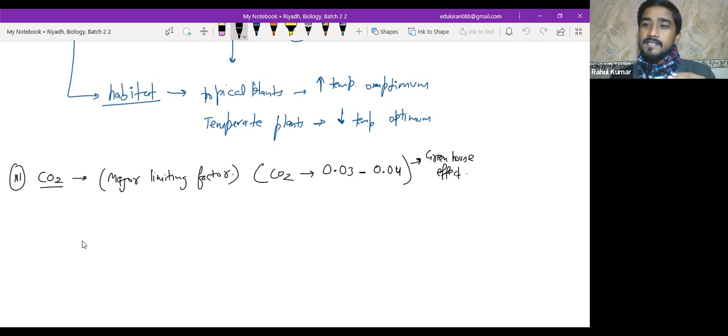Now again, just like temperature, C3 and C4 plants have different tolerance, or they show different responses to CO2 concentration. But first write down: CO2 is a major limiting factor, and the concentration of CO2 in the atmosphere is very low to begin with, which is 0.03 to 0.04%.